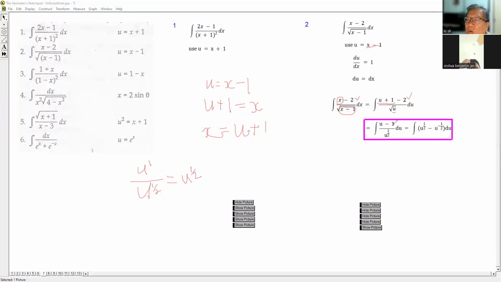And this one, 1 over u to the power of half, is u to the power of minus half. That's why I have u to the power of negative half. It comes from here. So far, okay or not? You think about it.